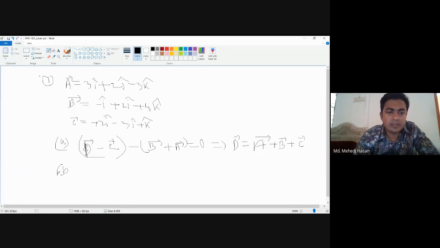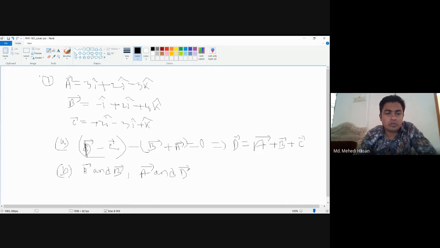Now question number B, find out the angle between A and B, or the angle between A and D vector. In this case, you have to apply the dot product formula.